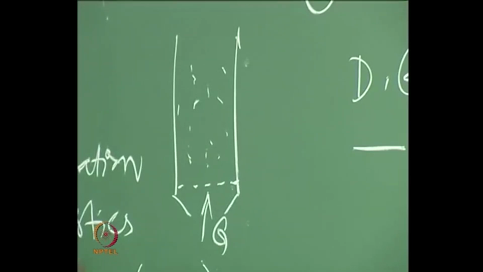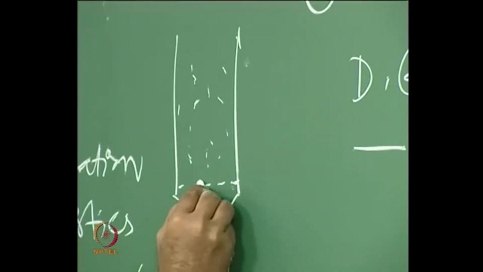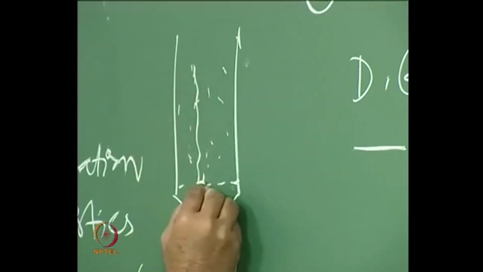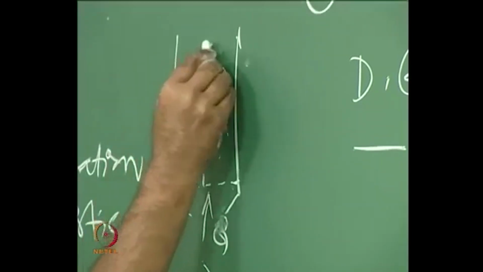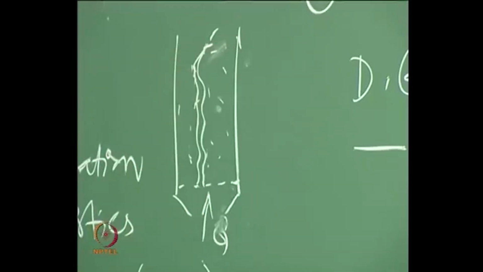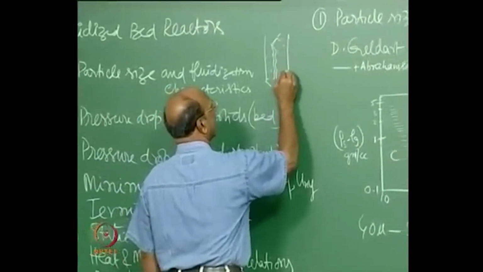What are the snakes? Because of the interparticle forces, if there is a weak structure inside, the gas goes through like this, and that is a snake. Like that there may be another snake.